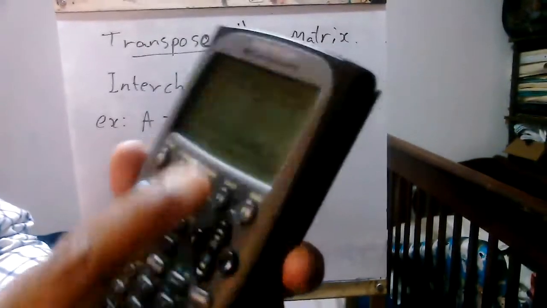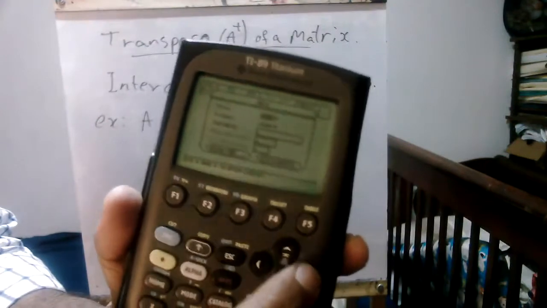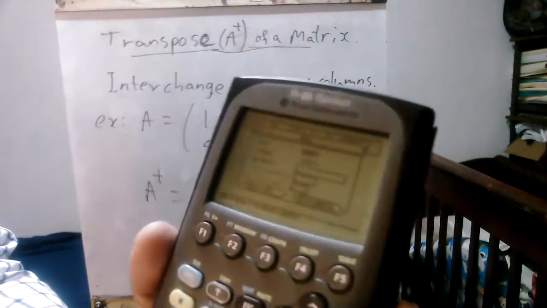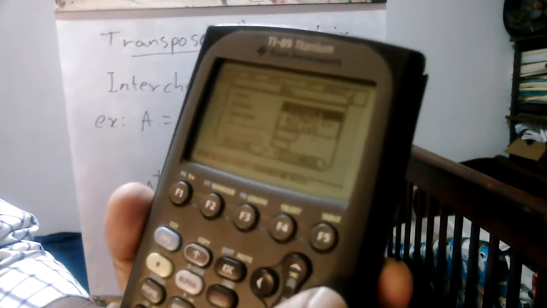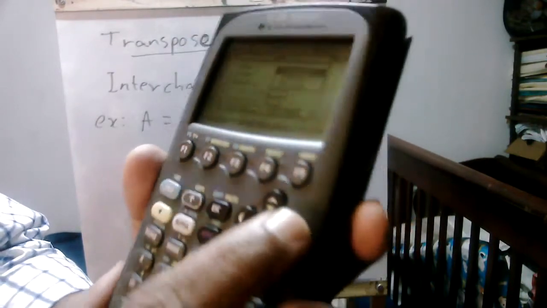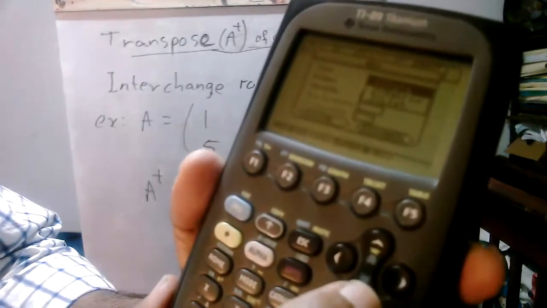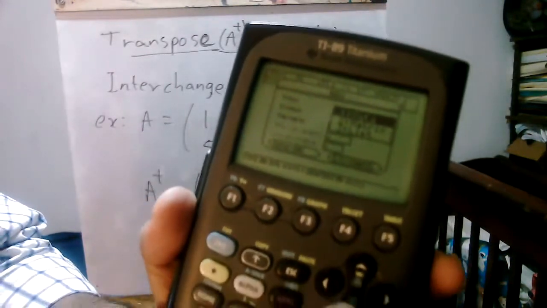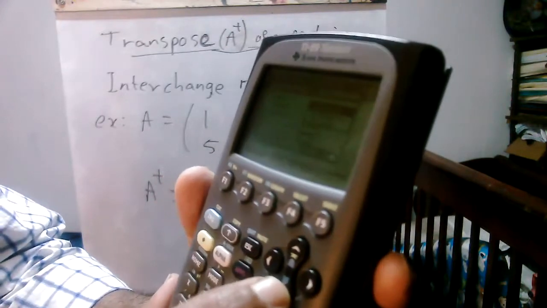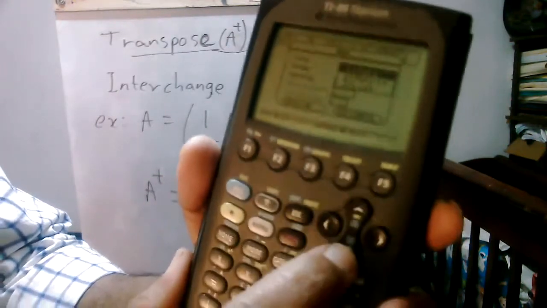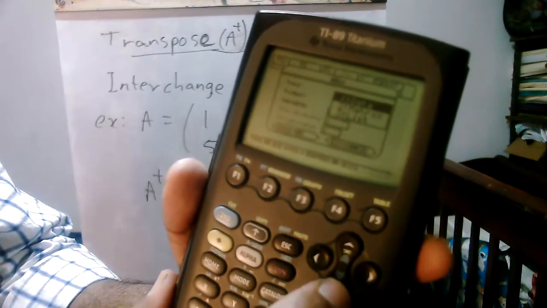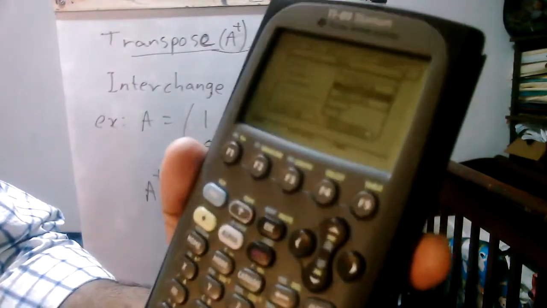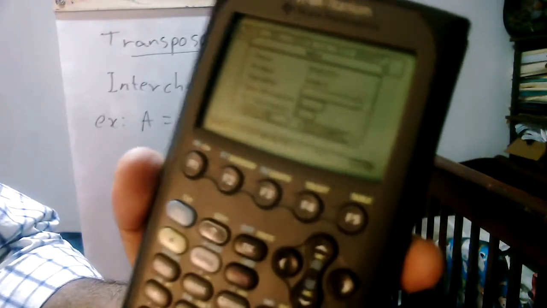Then do these changes. On the first line it shows data. Click right arrow and select matrix. Go to the second option. I'm turning it because I cannot see it when I'm showing to the camera. Matrix. I selected matrix, enter.